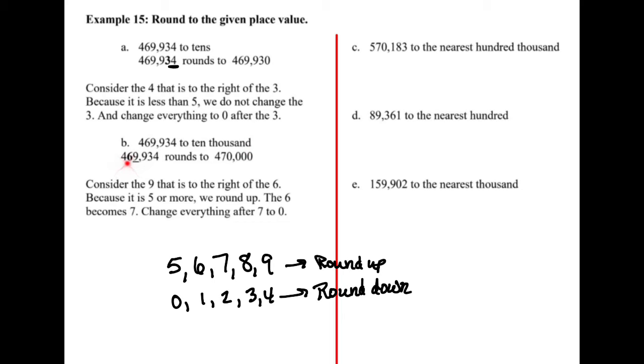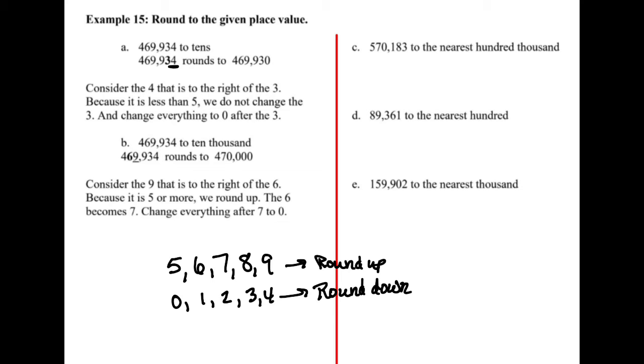So that's the 6. And you look for the number after the 6. It's a 9, and 9s round up. So we're going to add 1 to the 6, and everything else becomes zeros. So 470,000. Okay, and they explain how to do that down here. All right, let's go over on the other side and do ours.